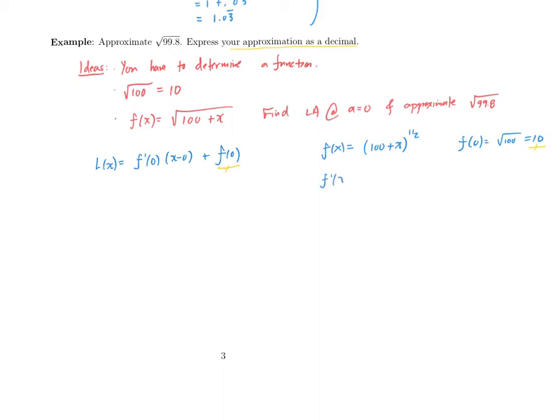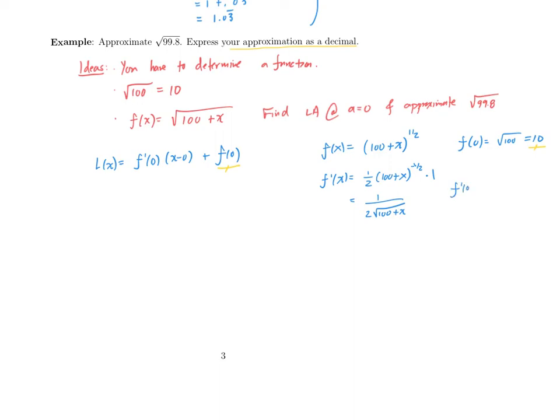f prime of x, differentiating this using, I think, the chain rule in combination with the power rule, we would have 1/2 times (100 plus x) to the minus 1/2, and then times 1, the derivative of that inside function. So really that's 1 over 2 square root of 100 plus x.